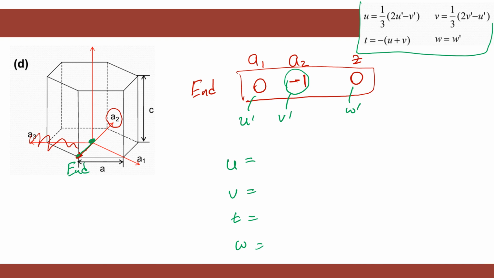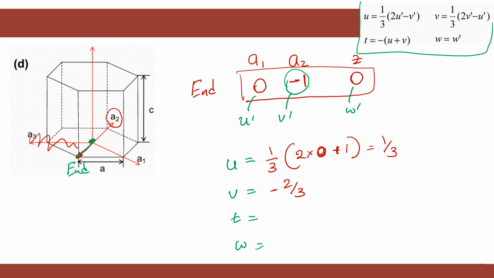What did you get? Are you sure? So how do you find U? 1/3, 2 times U minus 1. So this is 1. So yes, 1/3 is right. Okay, how about V? -2/3. We all get this.